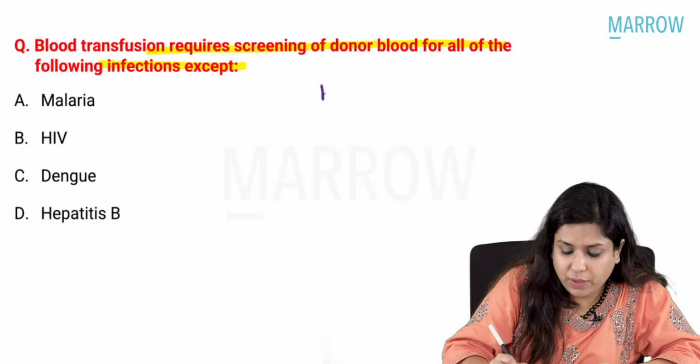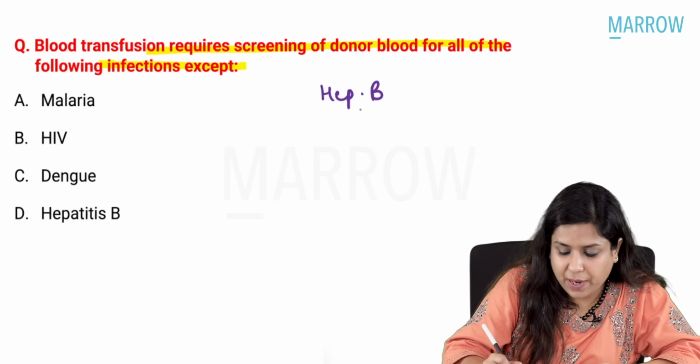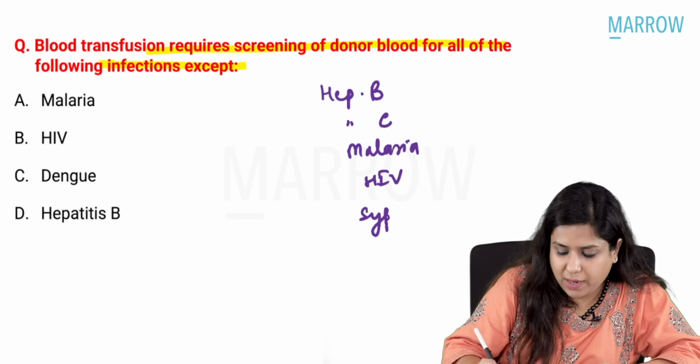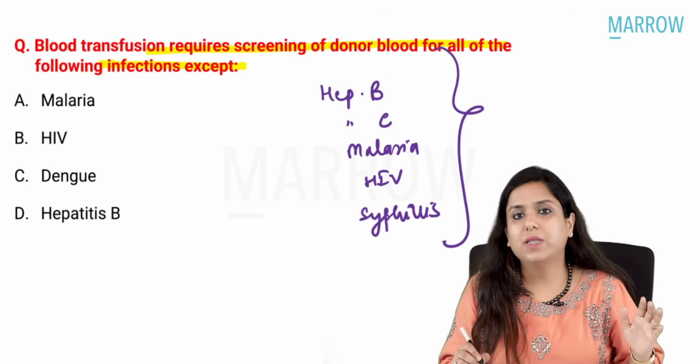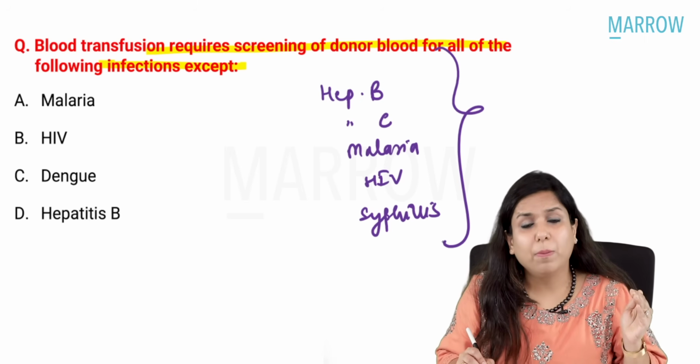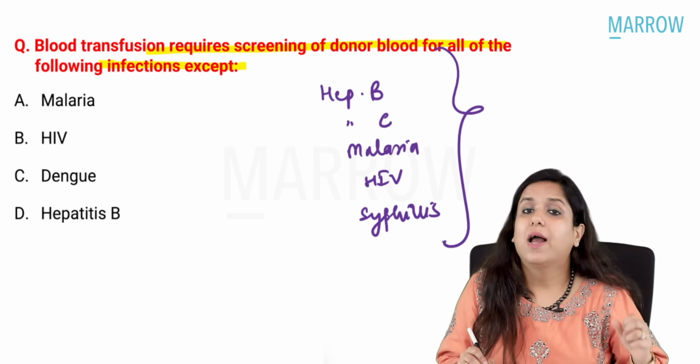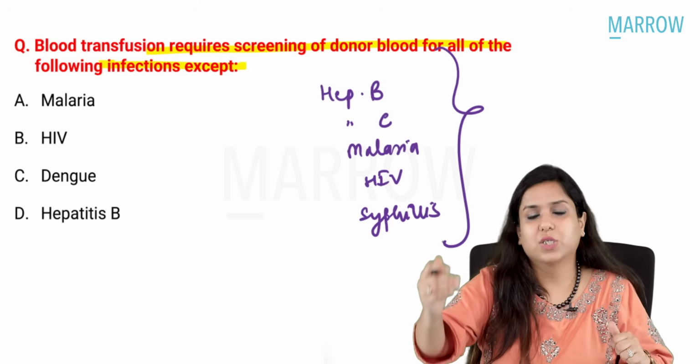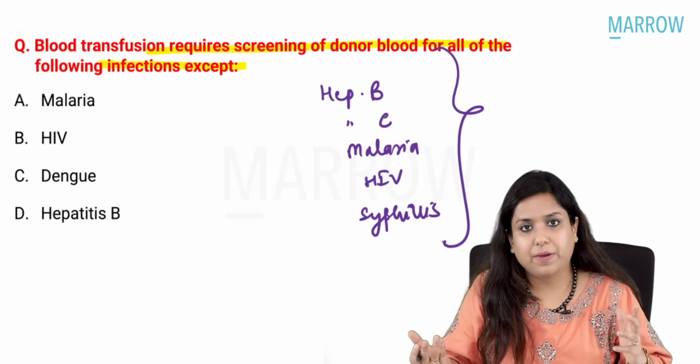What are the infections? We talk about hepatitis B, hepatitis C, malaria, HIV and syphilis. So we screen the blood for all these 5 infections because these are commonly blood transmitted infections, and then we transfuse it to a recipient.